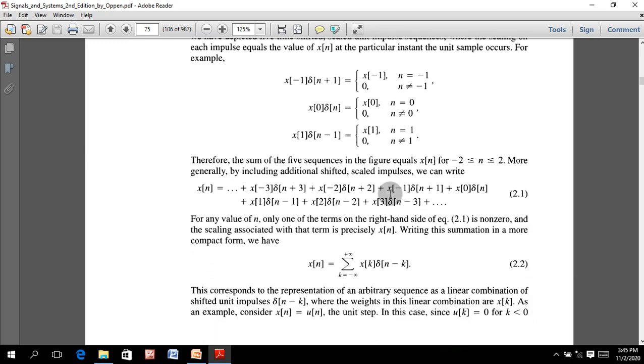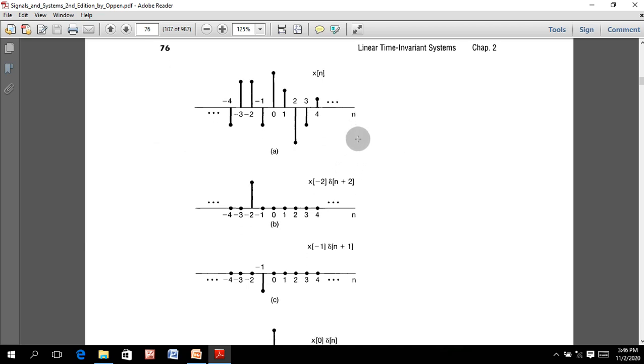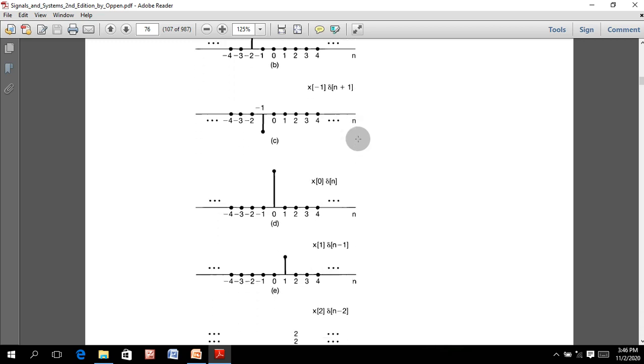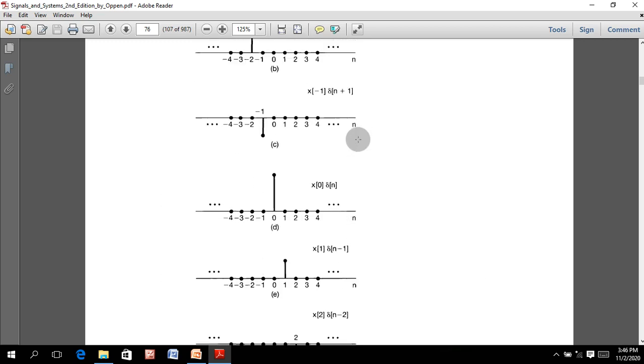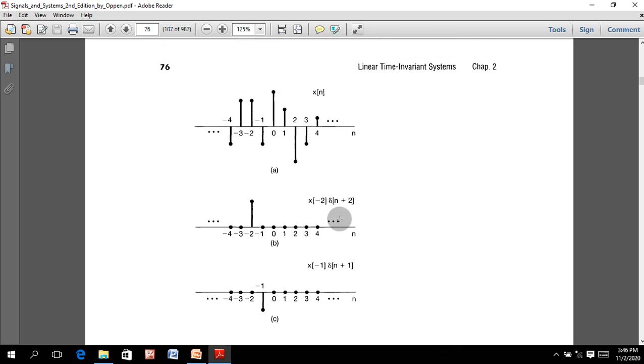First we have taken into consideration a signal x of n, where at -4 there is a value, at -3 there is a value. This is the basic input signal that I am going to feed into a linear time invariant causal system. If you take a close look here, it can be understood that this specific signal can be described using impulse responses. Let's see how it will work.